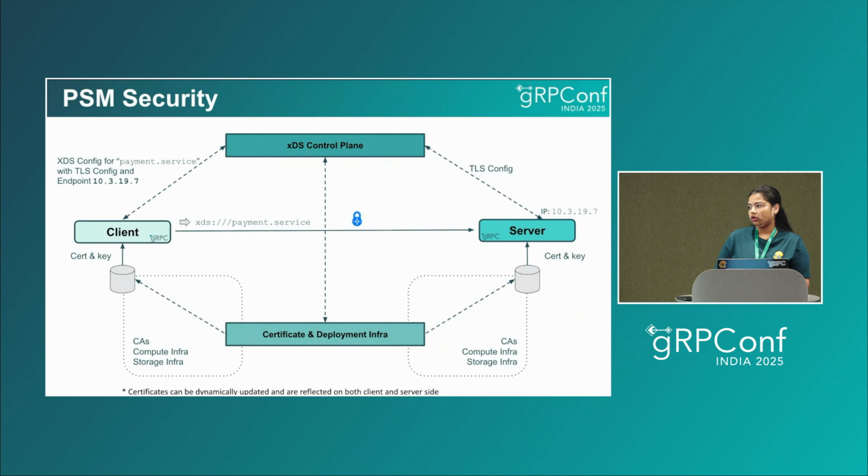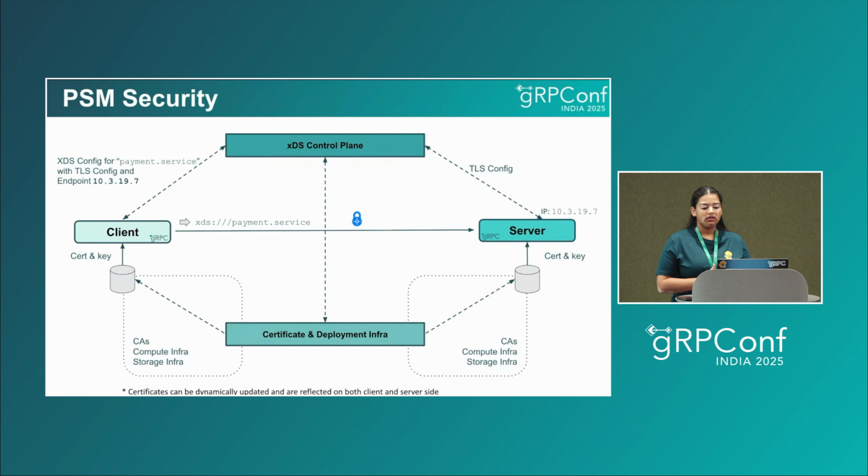We have just covered what serverless platforms are and what Cloud Run is. Now let's go through the diagram and understand how the xDS control plane actually handles PSM security. Whenever a client tries to connect to a server using the target scheme as shown on the slide, like payment service, the control plane sends necessary security details like TLS configuration and root CA, and then you can get the certificate and deployment infrastructure from the root CA.